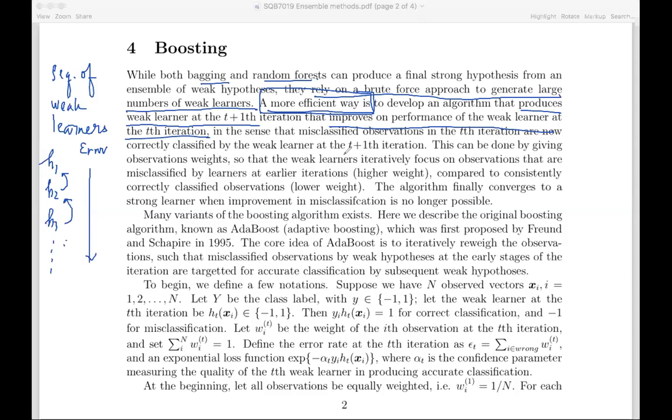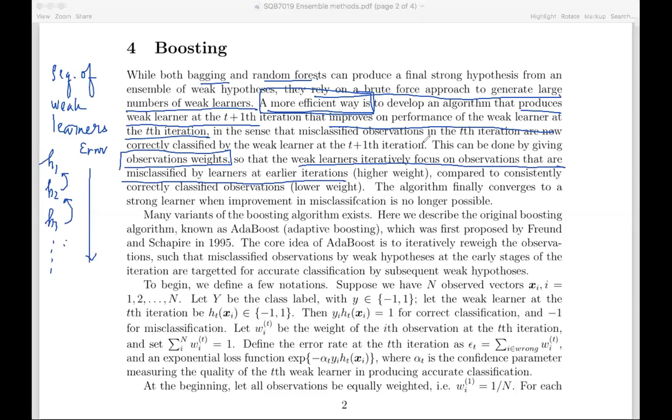And how do we do this? The trick is to give observations weights. You put weights on the observations, so that the weak learners focus on observations that are misclassified by learners at earlier iterations.